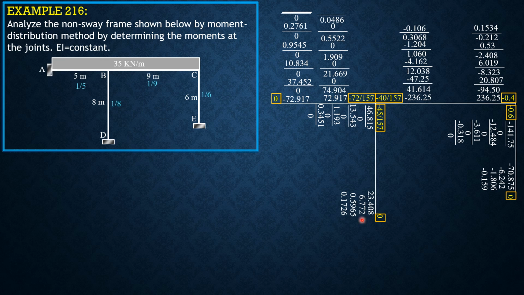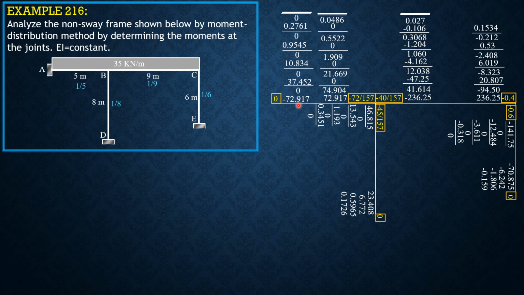Then here, 0, 0. So half of negative 0.092, negative 0.046, so lock it finally. Half of negative 0.0304, put the value here, and lock it finally.